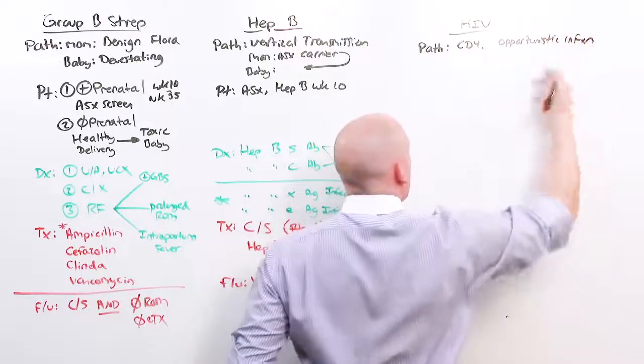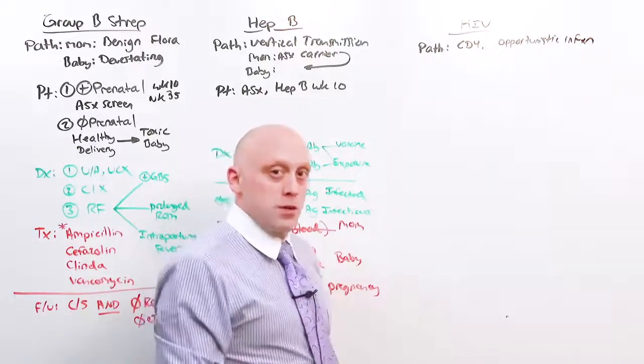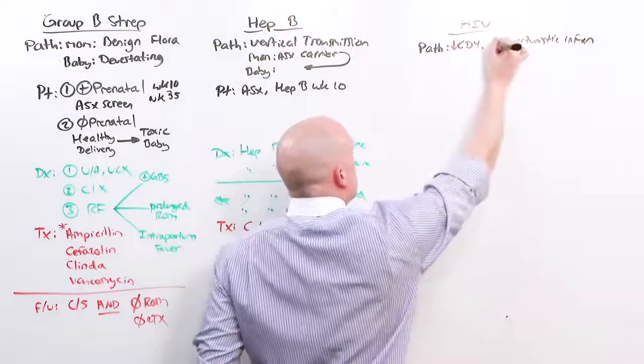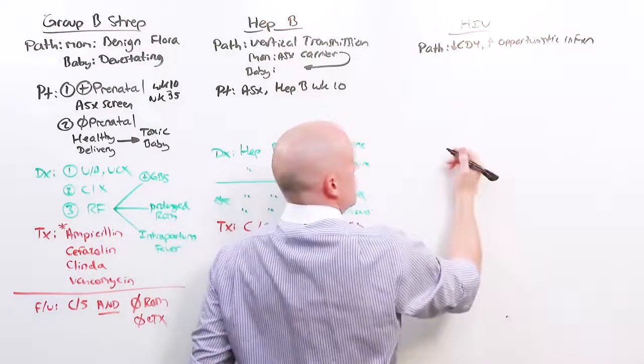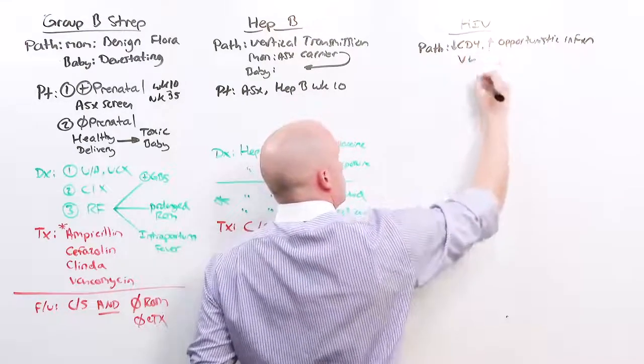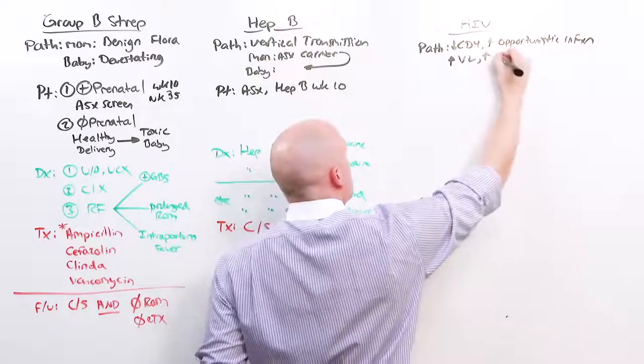And as we'll learn in the torch infections, some of these come in the way of torch, leading to congenital defects. A fall in the CD4 count increases the risk of opportunistic infections. Baby cares about the viral load. An increase in the viral load causes an increase in the infectious risk.